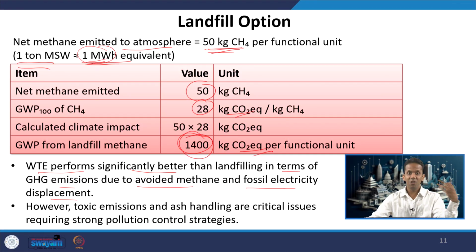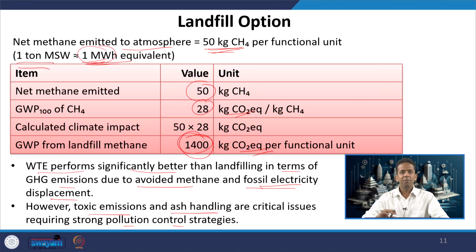And then there are some additional credits when it generates electricity from that waste and displaces the fossil electricity from the grid. So, there are two avoided emission benefits which come with the waste to energy plant. However, toxic emissions and ash handling are the critical issues associated with waste to energy plants, and they need strong pollution control strategies.